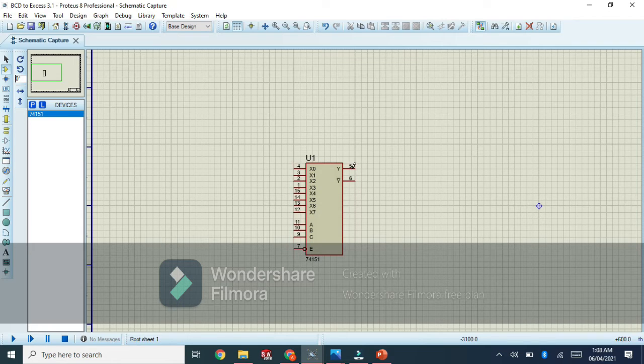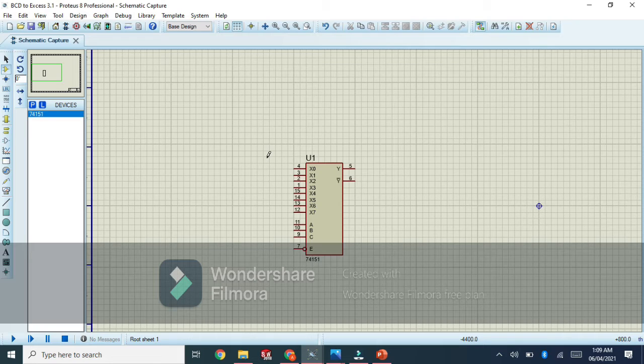These are the output terminals, and here you see A, B and C. It means that in this IC, C is to be connected with the most significant input, B with the next significant, and A with the least significant input. So I am using this IC in my circuit.